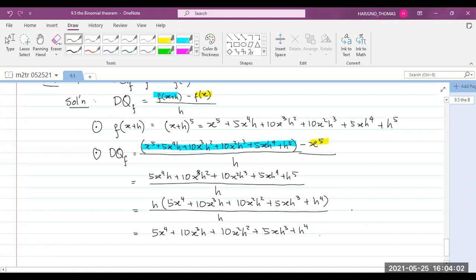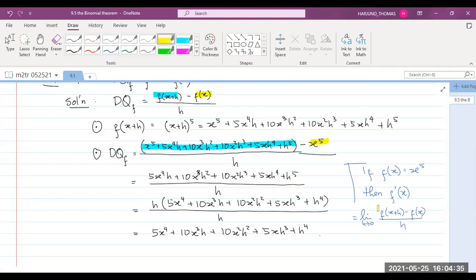Okay, so the definition, just to give you a heads up: if f(x) equals x to the 5th, then f prime of x equals the limit as h goes to 0 of f(x plus h) minus f(x) over h.